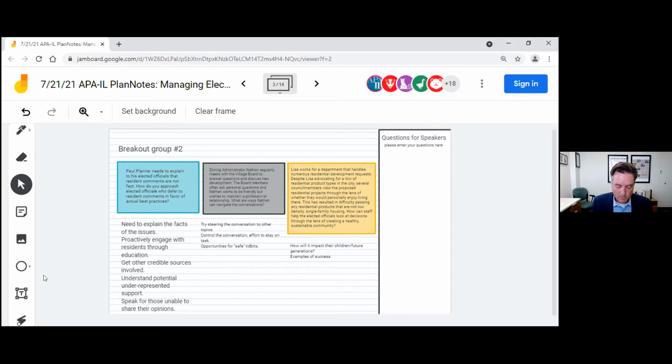The tricky part comes in debating best practices, and that's the end of this question about actual best practices. Well, best practices typically isn't something that's either fact or not fact. If you think it's a best practice that we have more mixed use in the community, that's more of a value judgment. Somebody may say, I think the community should be more single family residential.